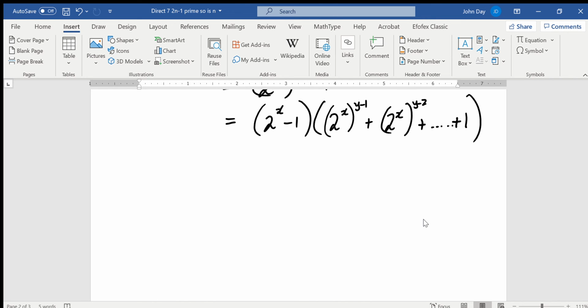What's going to happen here is this here is an integer, and this here is an integer.